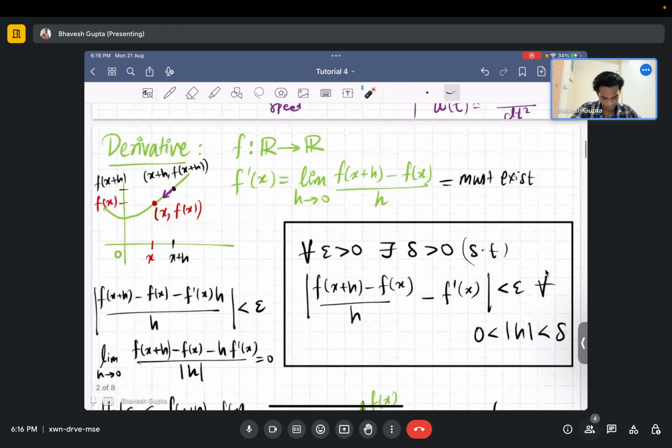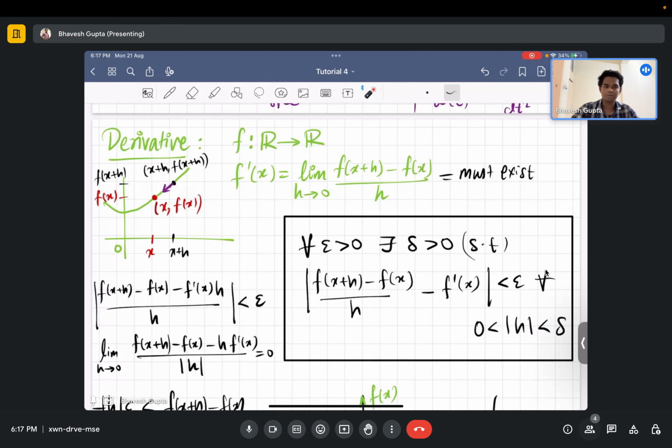So when we are calculating derivatives, we assume some properties of the function. We assume that the function is defined from R to R, and the reason we choose this assumption is so that we don't have to worry about domain and all. Because we know that an open interval has a problem when it comes to the boundary, right?